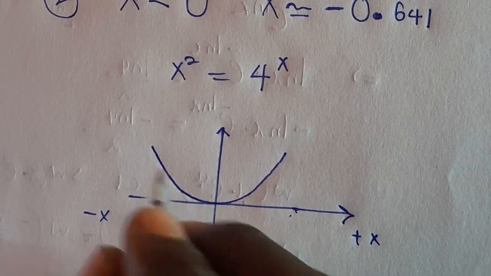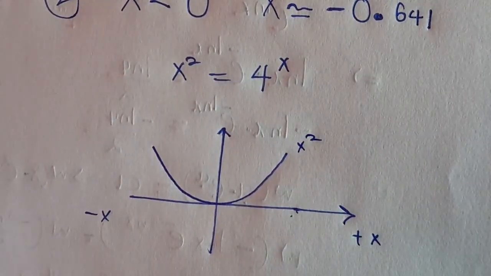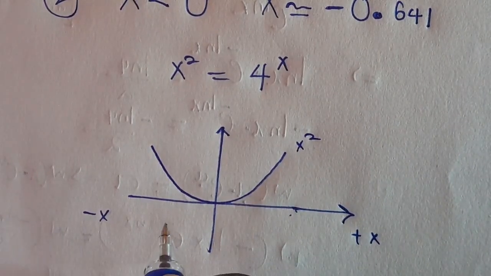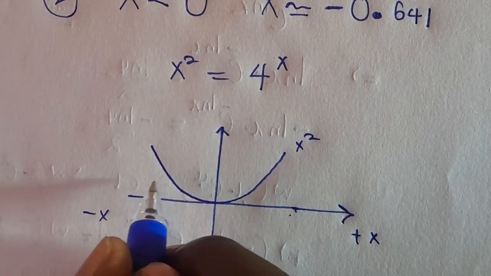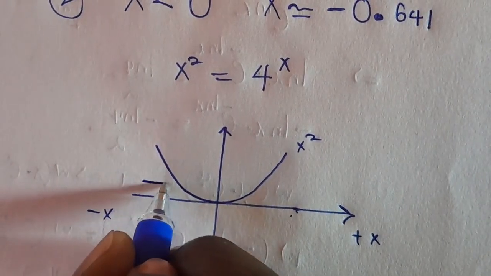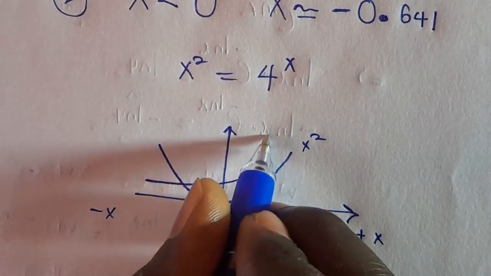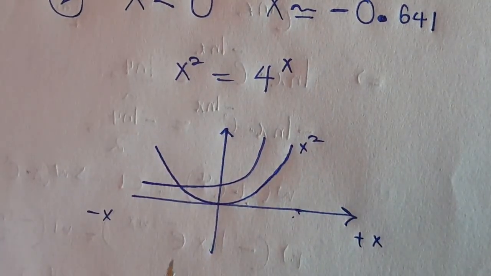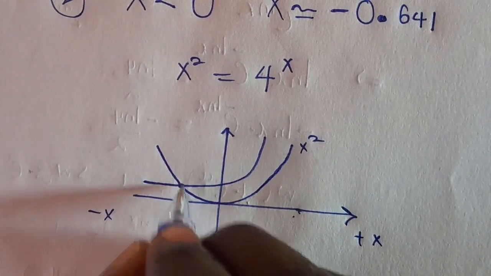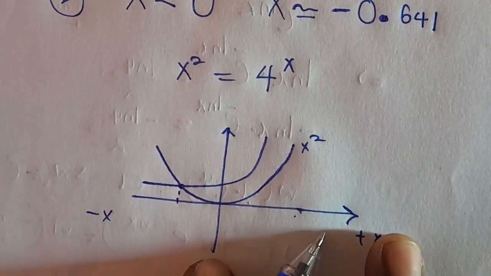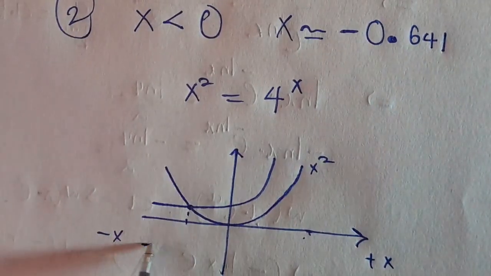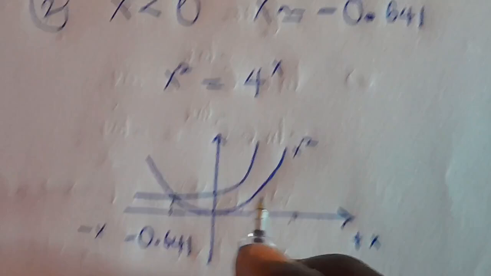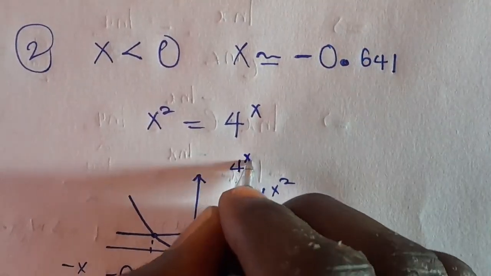So in the case of 4 to the power of x, it is an exponential graph, and we're going to have it to be like this. So probably the point of intersection happens to be here, and that is the one that gives us this minus 0.641, and this one is for 4 to the power of x.